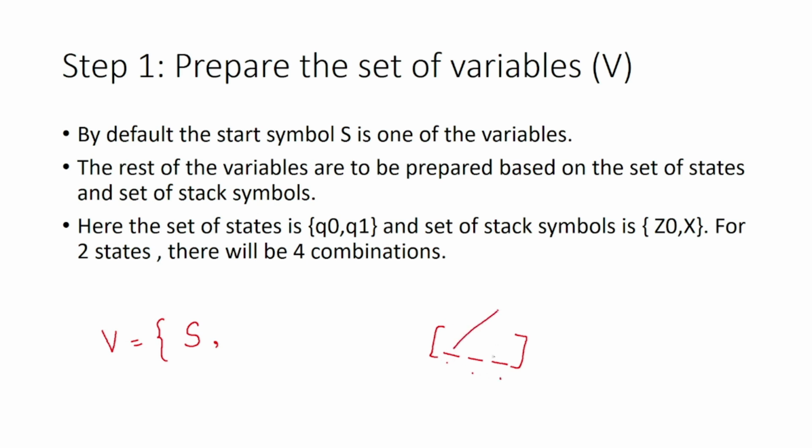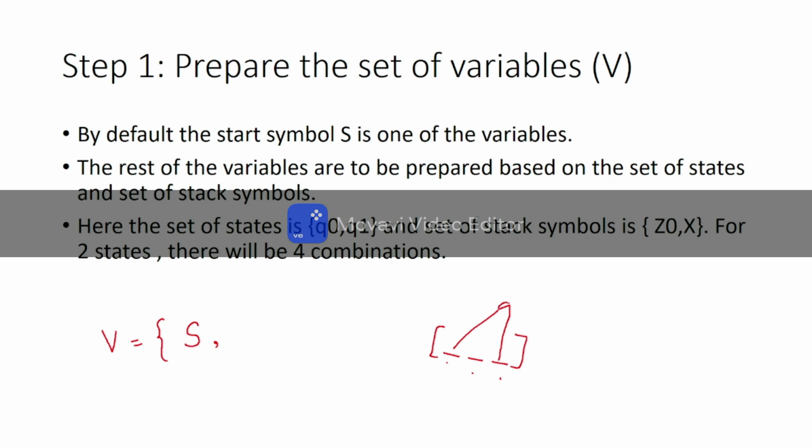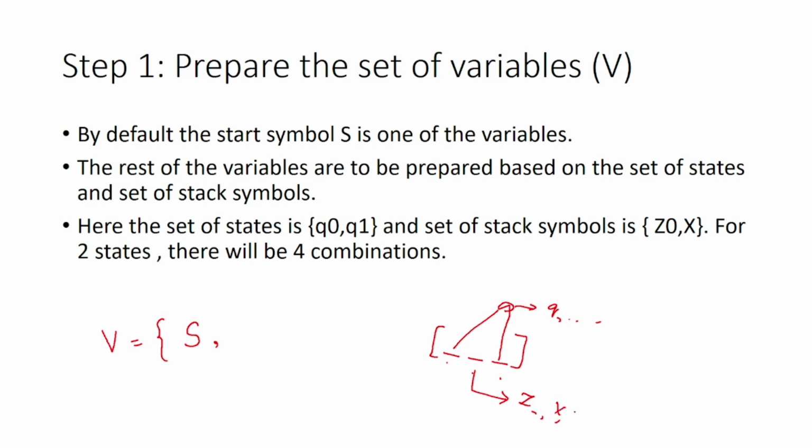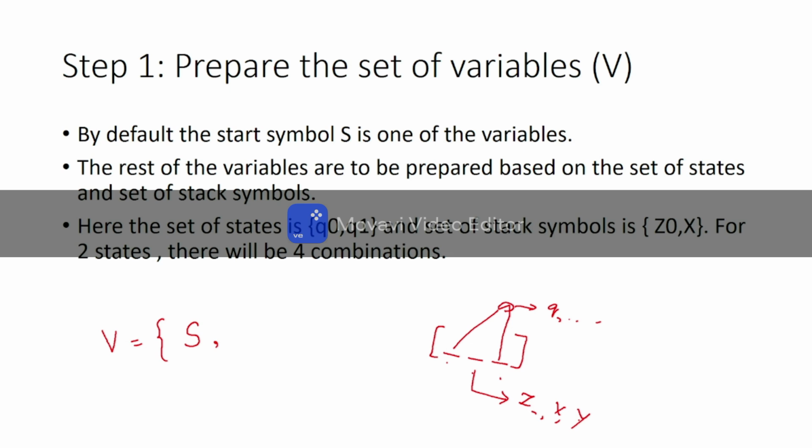The first component and the third component are going to represent states, like q naught, of the PDA, and the second component is going to represent a stack symbol, let us take Z or capital X or capital Y.